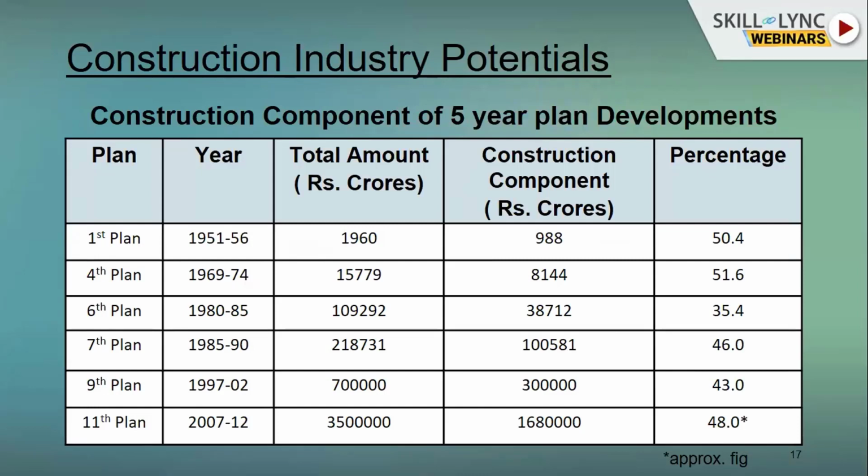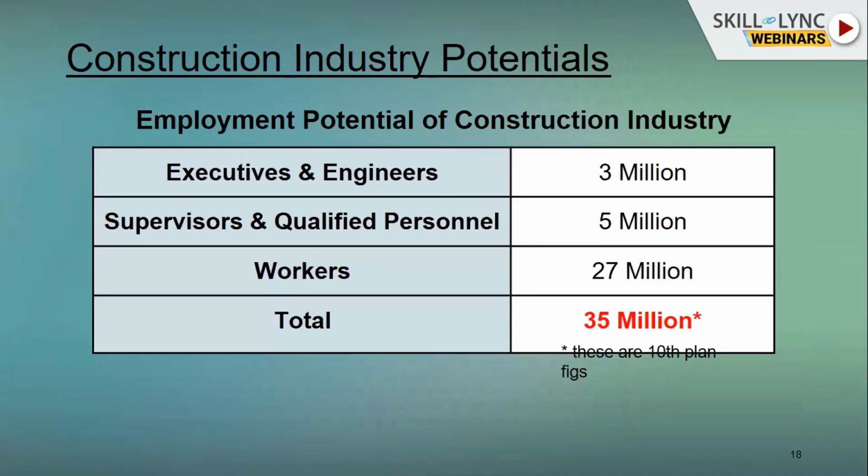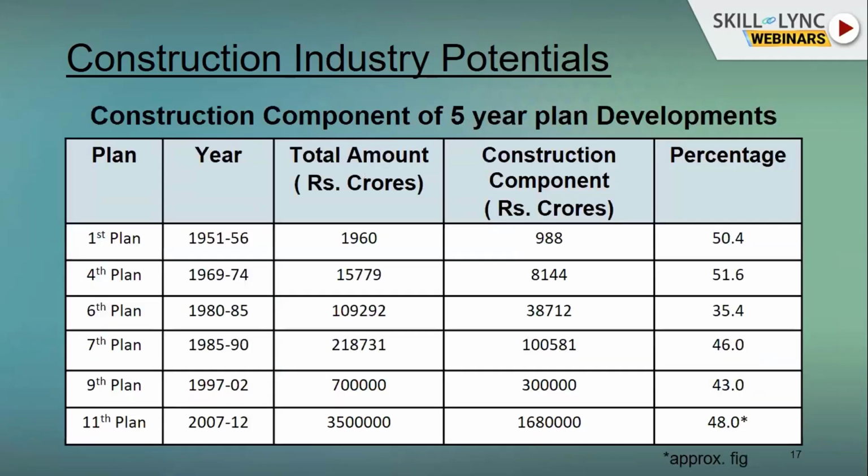We can see that in 1951 to 1956, the allocation to construction is 988. In 2007 to 12, it's 168. Just see the difference between the amounts in terms of the construction plan that the government is targeting. So this is the overall view of the construction industry.